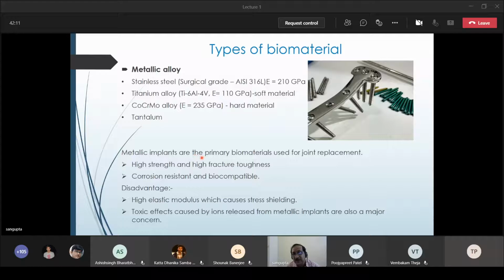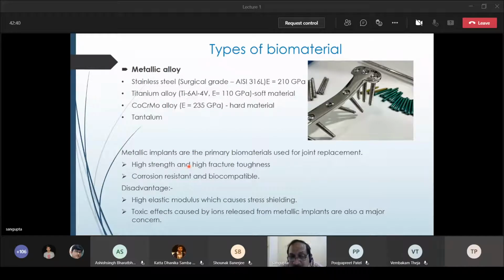So metallic implants are the primary biomaterial used for joint replacement. Be it hip replacement or knee replacement, metallic alloys still form a big contribution to the implants, basically due to high strength, high fracture toughness, corrosion resistance, and biocompatibility.